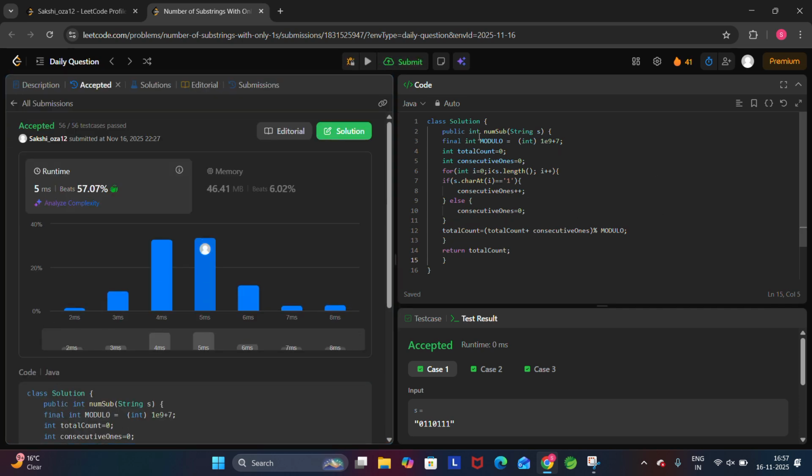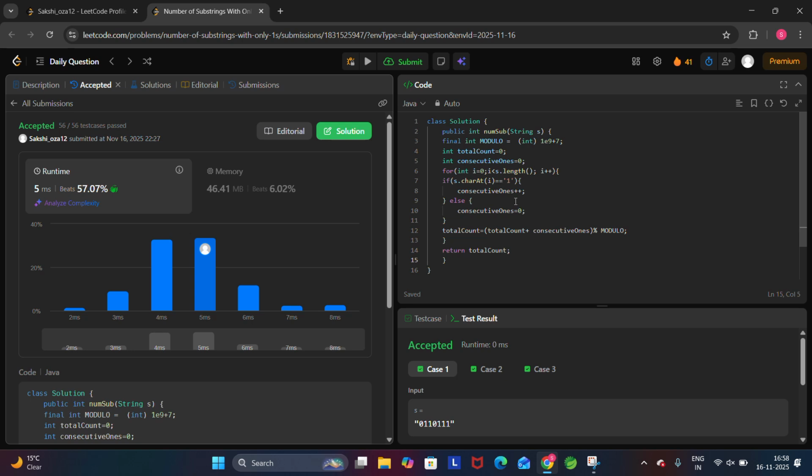Let me walk you through the code. Instead of finding all the blocks of ones separately, we scan the string once and track how many consecutive ones we have seen up to the current index. Every time we see a 1 we increment the count, or we put it as 0 because the string is broken.